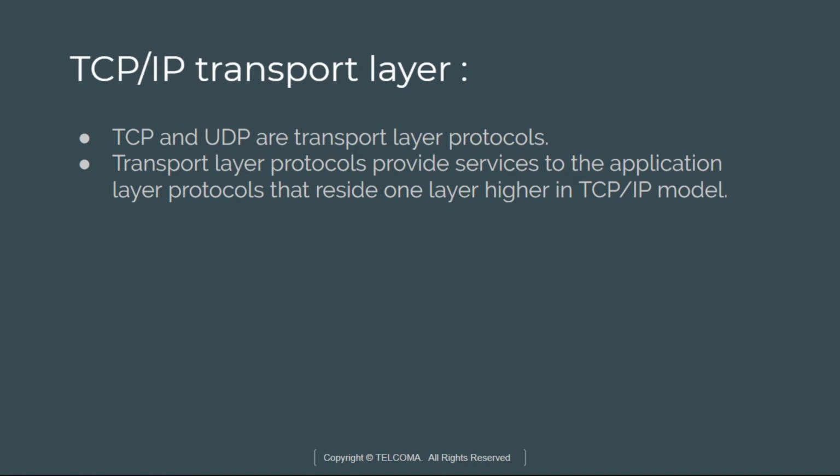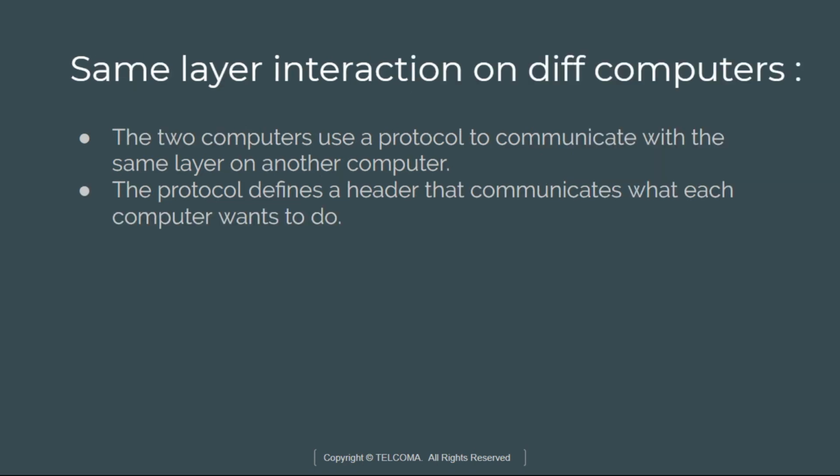TCP/IP needs a mechanism to guarantee delivery of data across a network. TCP uses the concept of acknowledgements. The TCP header shows a sequence number for each message. This TCP message is called a segment. Sequence number is represented as SEQ.